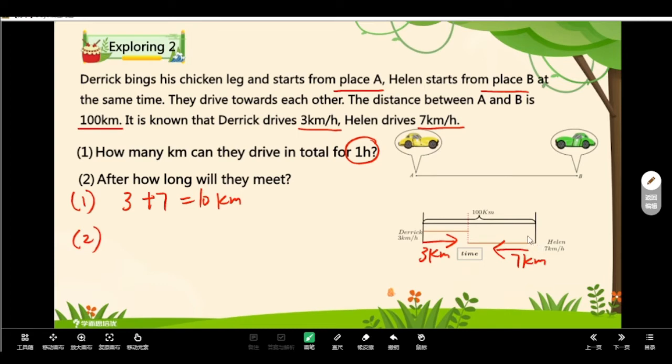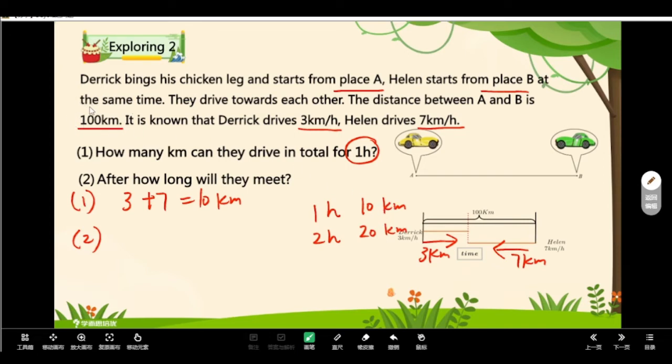So that means within 1 hour, the distance between Derek and Helen has shortened by how much? Yes, has shortened by 10 km. So we can think about this. If in 1 hour our distance is shortened by 10 km, in 2 hours our distance is shortened by 20 km. And now the total distance is 100 km.